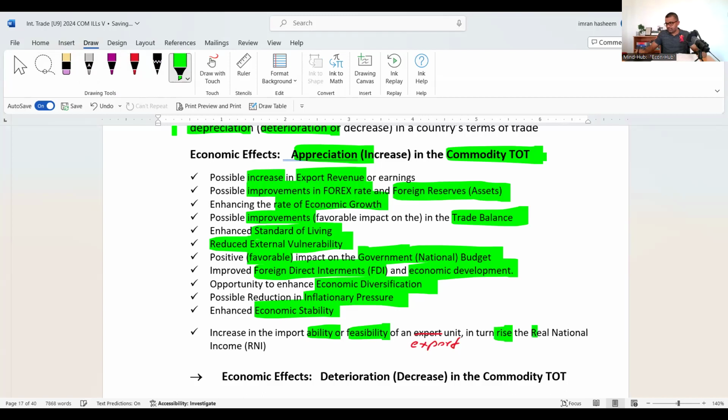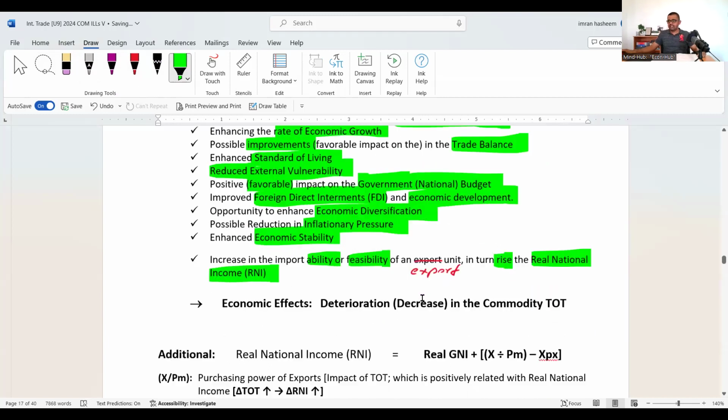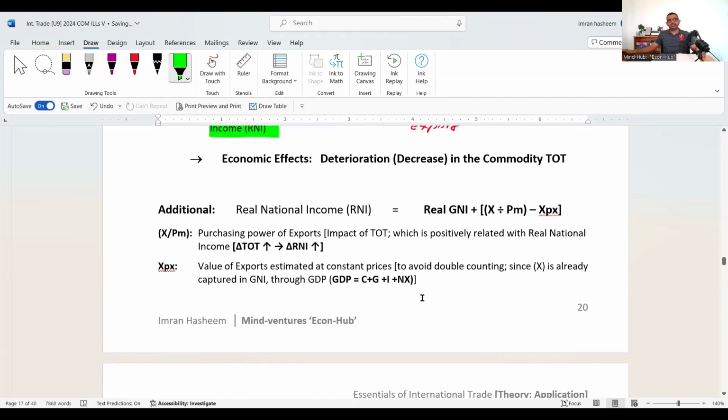In turn, rise in real national income. Real national income basically means the national income or the output a country can achieve within the country plus what it can import from the rest of the world.